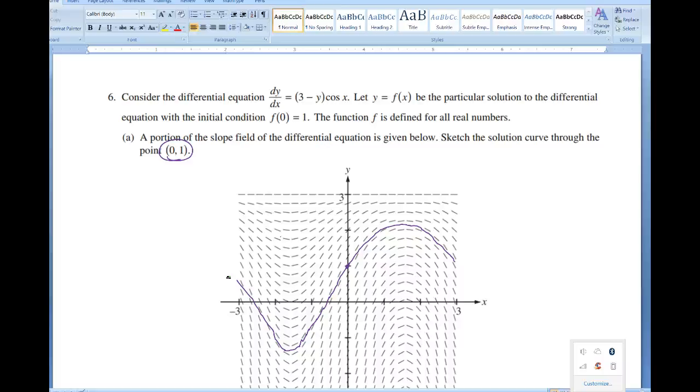I don't know how to get that. Will they take points off? No, they don't take off points. They're usually pretty generous on the slope field part. They only gave you 1 point for this. So your goal is to try not to touch any of the slope field. I know it's hard.